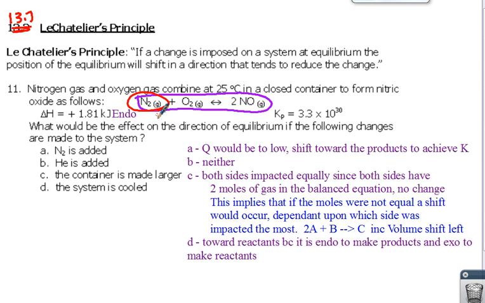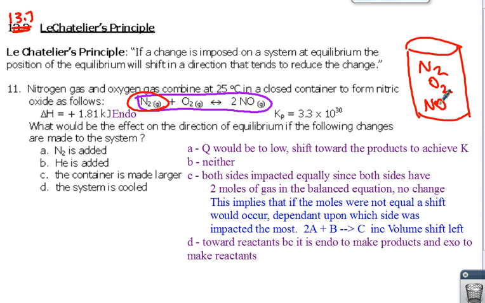So in order to get the balance back, some of this nitrogen has to disappear, but it can't just leave the container. The container with the nitrogen, the oxygen, and the nitrogen monoxide is a sealed container. Well, it can't be completely sealed. Let's put a syringe on it.